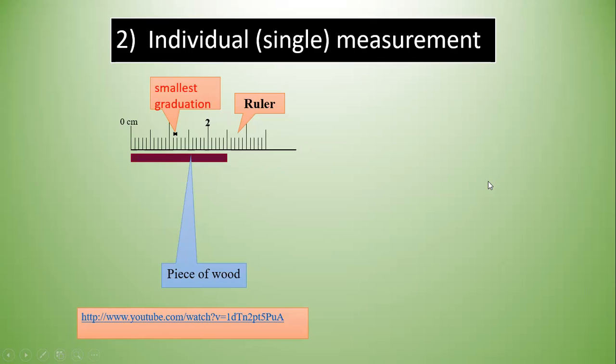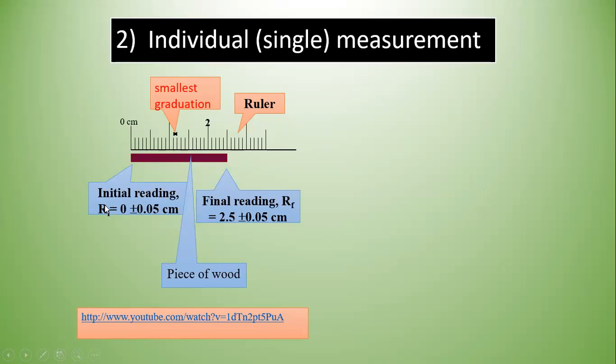For a single measurement, make sure you use your meter rule or ruler. You need to know the smallest graduation. If it is measured in cm, then it is 0.1 cm. We have to make two readings. Where the zero is, there's uncertainty there. You may say you placed it exactly, but there's still uncertainty.